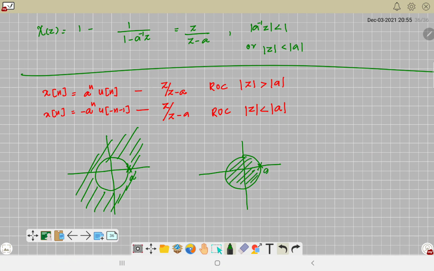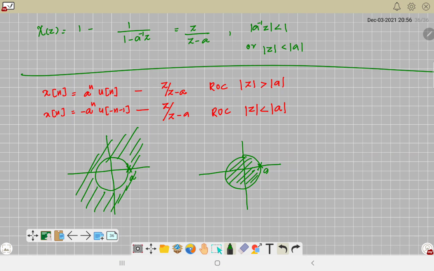And if you remember, this was the same situation with the Laplace transform. There also we had two sequences. Algebraically they had the same Laplace transform, but the difference lay in their region of convergence. So we have a similar kind of situation here. That means the Z transform, just like the Laplace transform, requires both the algebraic expression and the region of convergence.